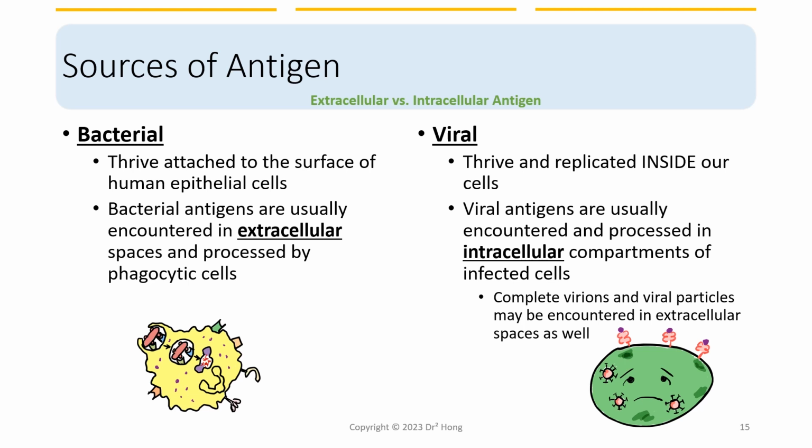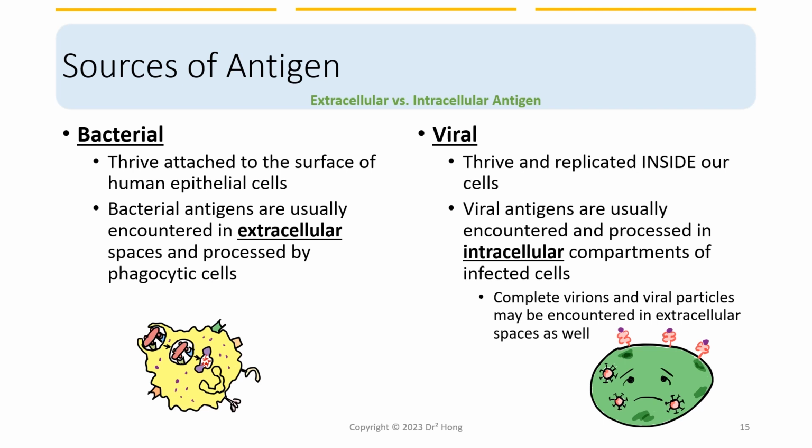Bacterial antigens are usually encountered in the extracellular space, processed by phagocytic cells, and presented to T cells and B cells. On the other hand, viruses are always inside our cells.